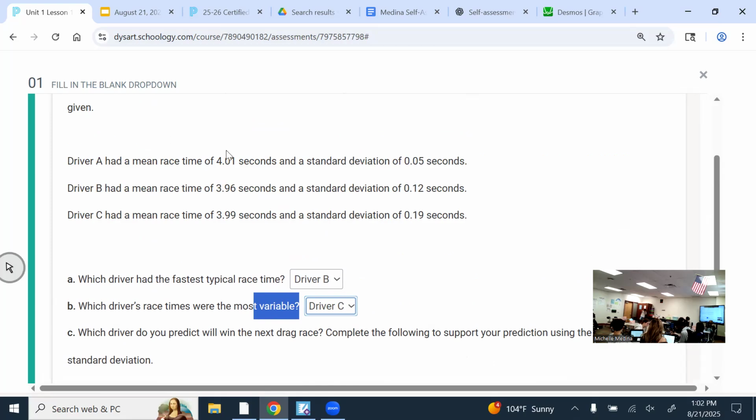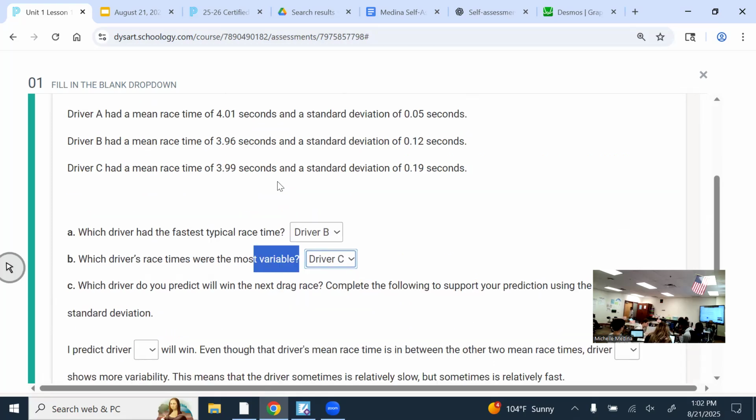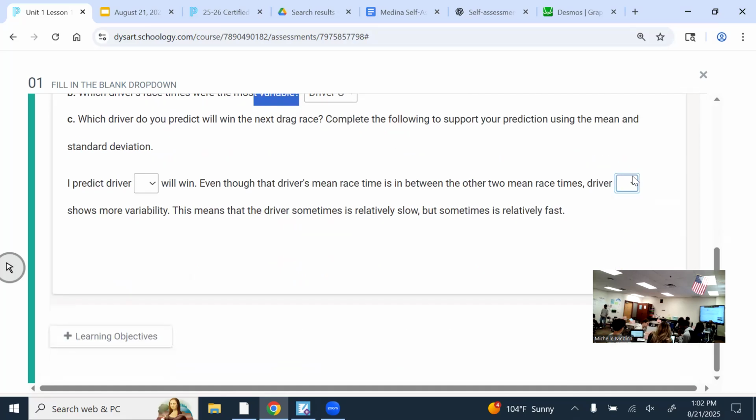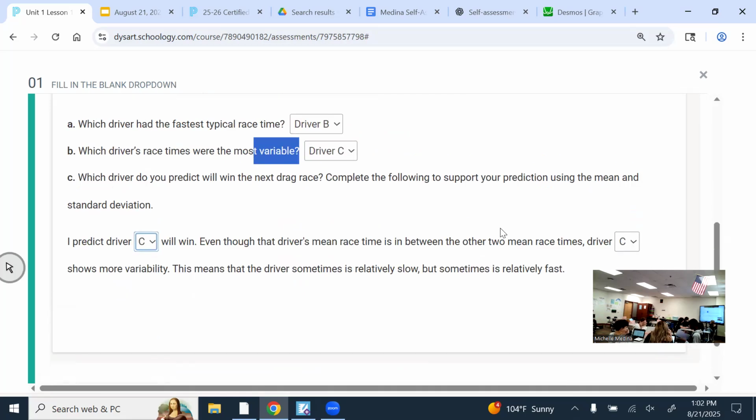Like if you rank them, A is the slowest, C is the next slowest, B is the fastest. So they're putting basically driver C in this blank. And theirs shows more variability. That means sometimes they're slow, but sometimes they're fast. So according to this sentence, they predict that driver C will win because their mean is in the middle and they have the most variability.